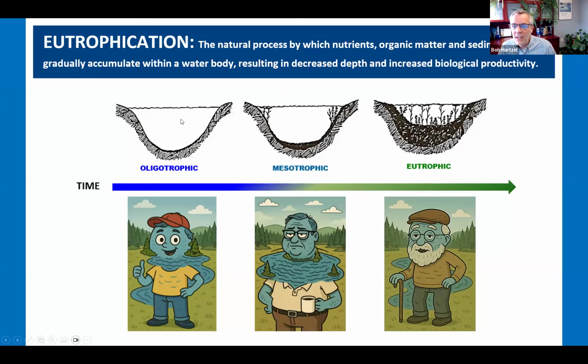In general terms, this aging process should take thousands, or in some cases tens of thousands of years, to go from oligotrophic to mesotrophic to eutrophic. But in watersheds that are heavily developed, where we've got a lot of homes, septic systems, and other heightened sources of pollutants, we can be talking about this process in terms of decades rather than thousands of years.